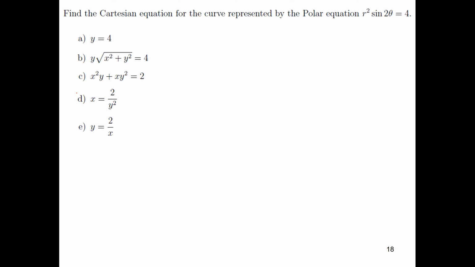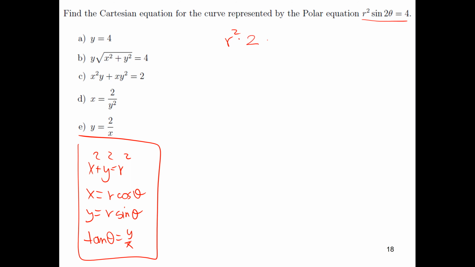Okay, let's do the other way. We have a polar equation and we have to find the Cartesian. Let me write x squared plus y squared, x, y, and tangent theta. Yeah, this is r cosine theta and this is r sine theta. So now I have r squared sine of 2 theta.